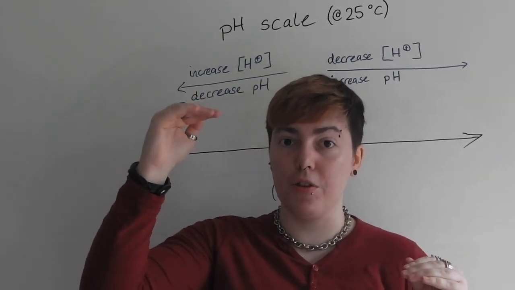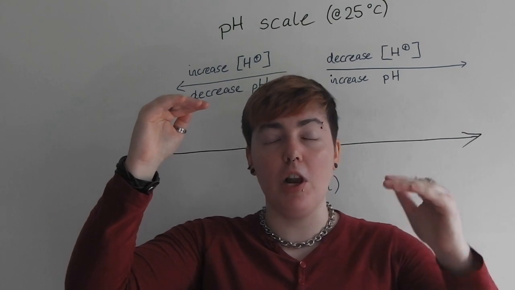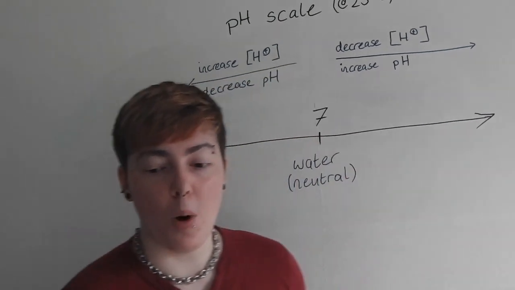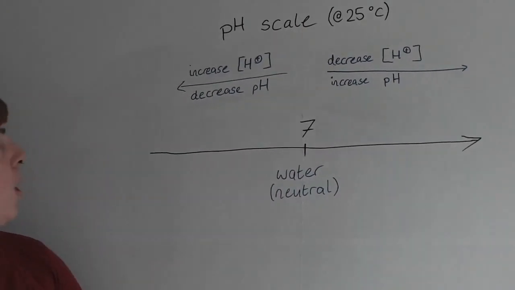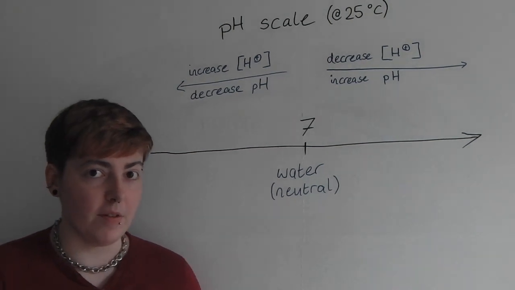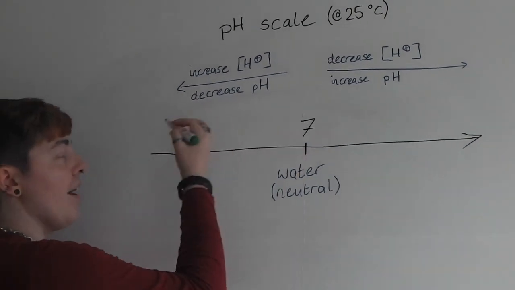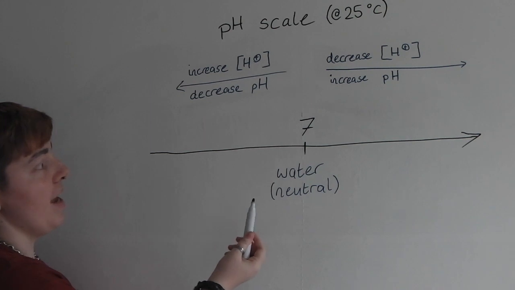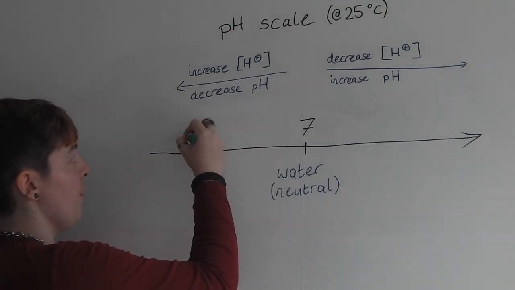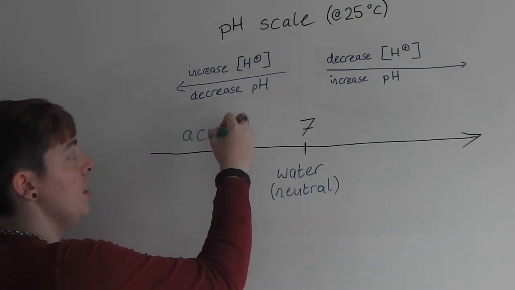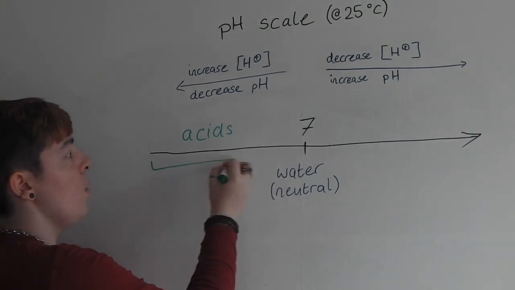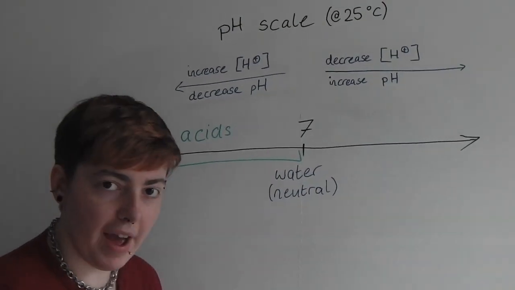So the higher the concentration of protons, the lower the pH. So this is why, on a pH scale like this, which you might be familiar with, acids are going to have a pH lower than 7. So this whole region, all of this, belongs to acids.